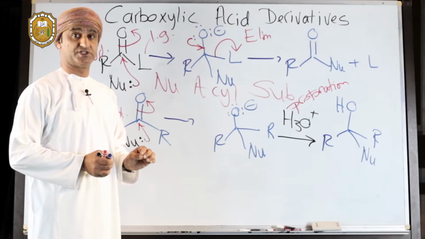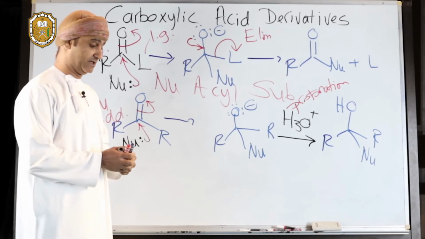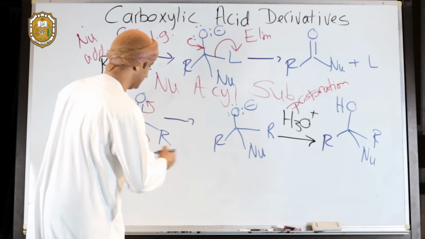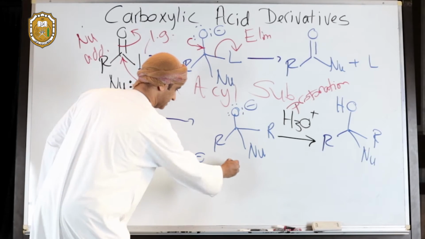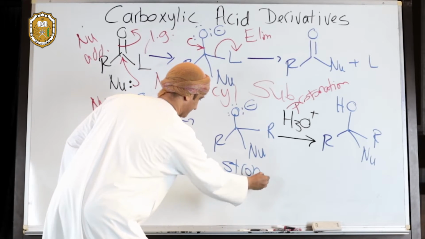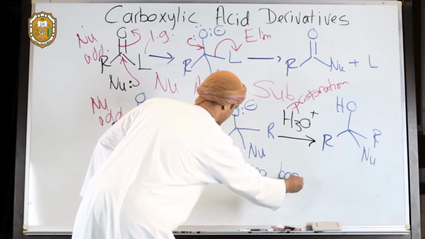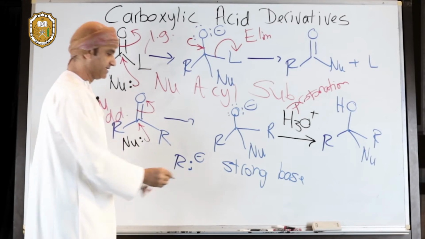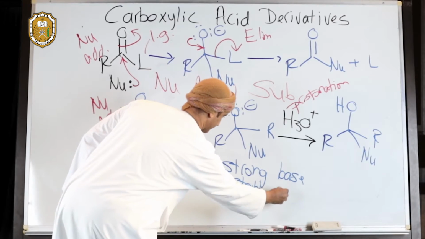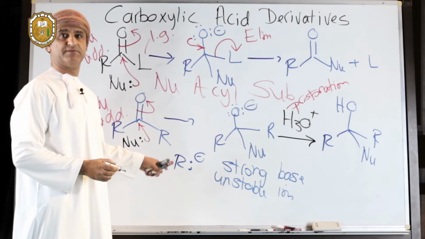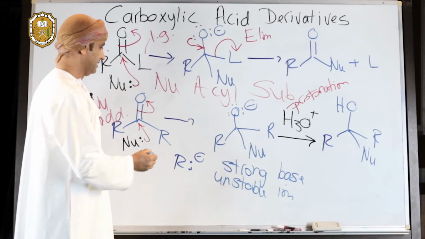That's because it's a very strong base. It's an unstable ion. So R minus, theoretically, if we write R minus here, of course it's a strong base, an unstable ion. Therefore, it's an extremely poor leaving group.